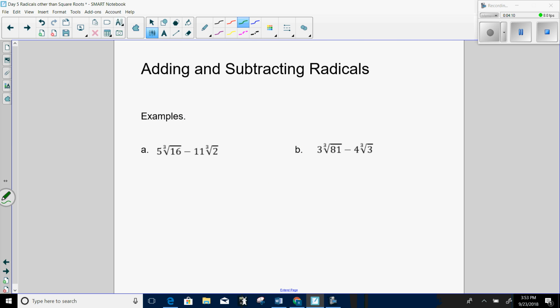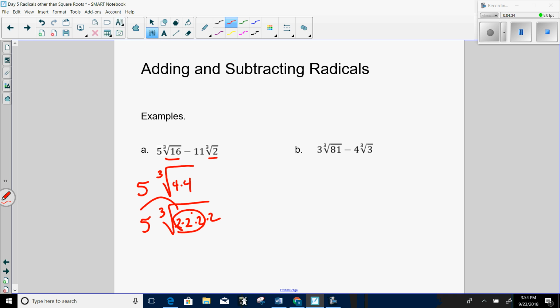Then the next part is addition and subtraction. Just like with radicals, we have to get the radicals to be the same, which in this case they're not. So what we do is we break it down. We have 5, and then the cube root of 16, which is 4 times 4. Then we get 5. The cube root of 2 times 2 times 2 times 2, that's the 4's. A group of 2's.